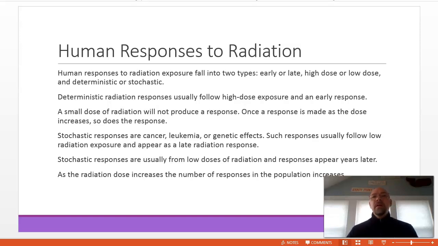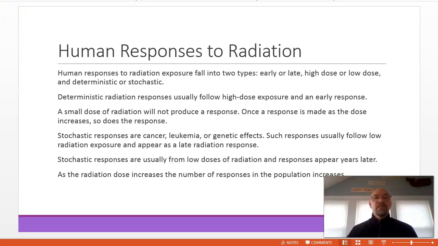Or does it take months or even years to see a change from that exposure to radiation? The next thing to consider is, is this a high dose of radiation or a low dose of radiation? So the amount of exposure to the person will also determine the outcomes or the human's response to that exposure.